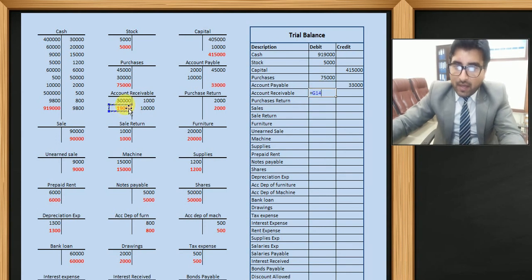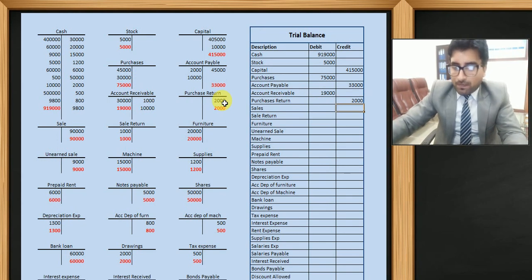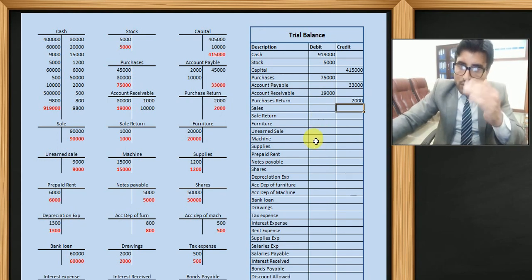So now I'm just transferring all the balances. The debit balances you should transfer into the debit side, and the credit balances into the credit side. Okay, so we have purchase return, which has a credit balance, so equal sign, and click on the credit balance. In this way you have to post all the balances into their respective columns.